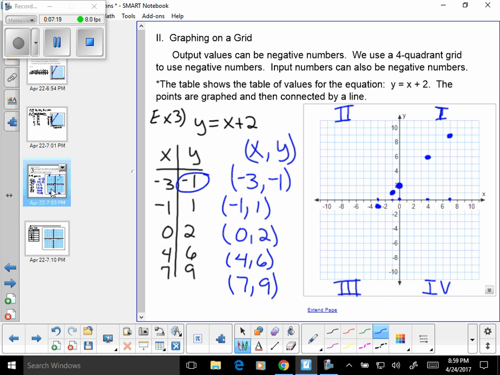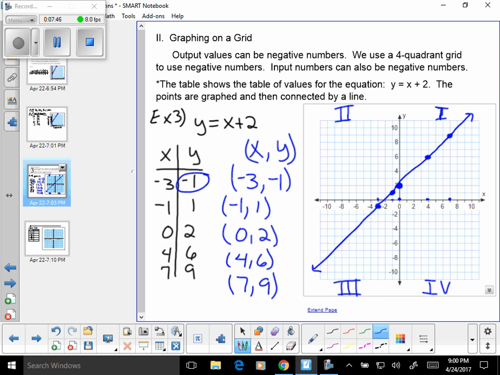Now again, I am going to get my ruler. That would be your best bet, is to get your ruler and draw it in. I will do my best freehanded. And notice I don't make an itty-bitty line.